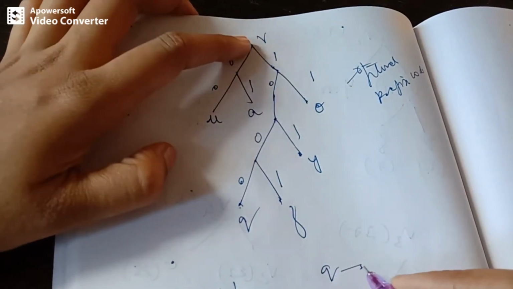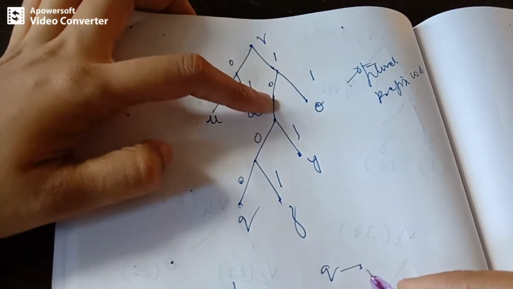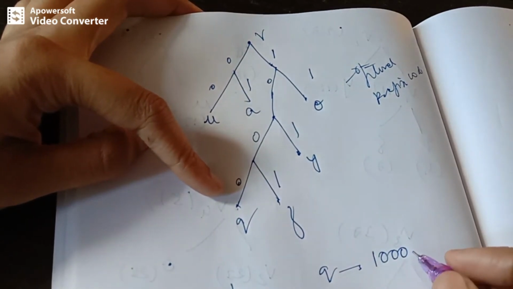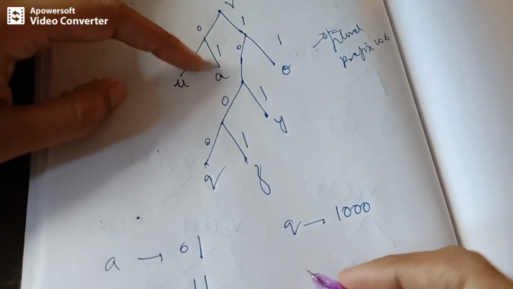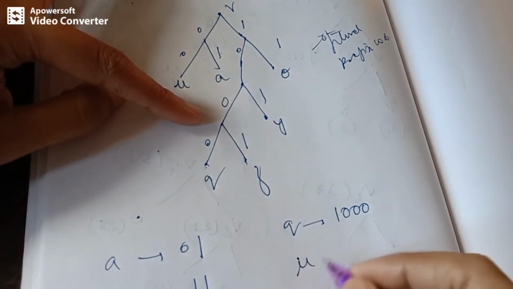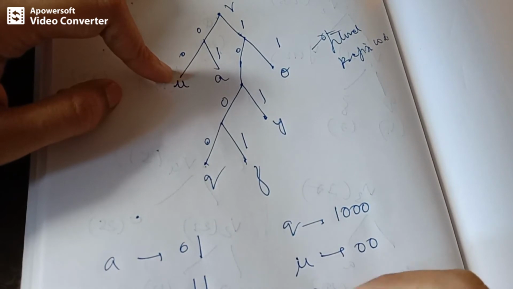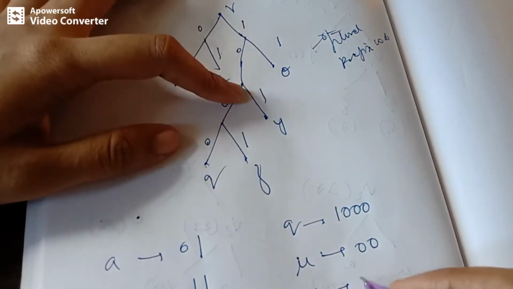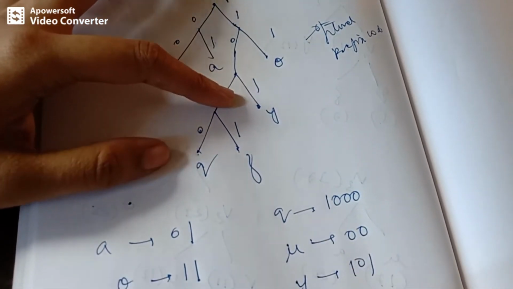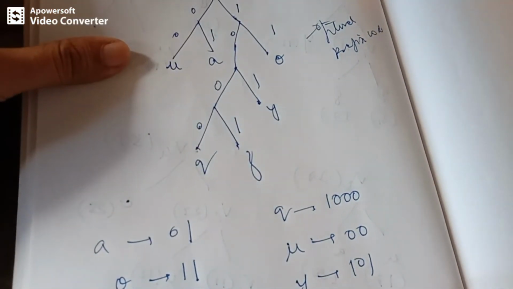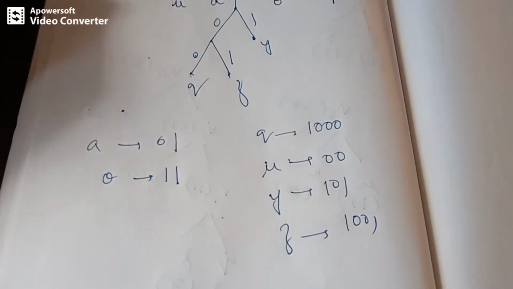Prefix code for Q is 1000, 3 zeros. Okay. Then prefix code for U is 00. Prefix code for Y is 101. Next, prefix code for Z is 1001. Okay, this is one question.